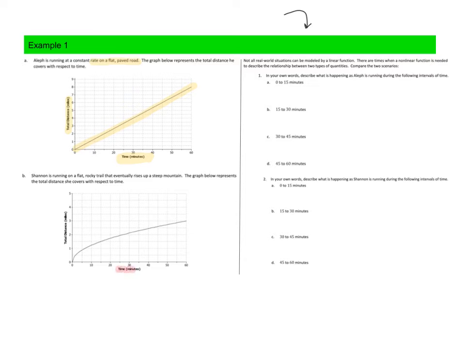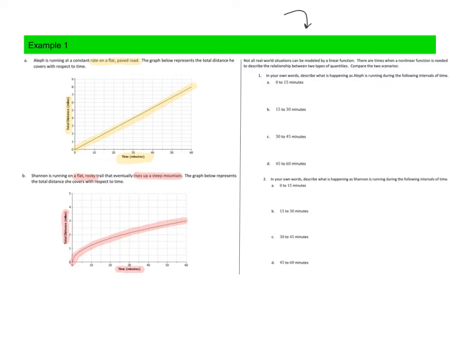So as time passes, this is how her distance increases. She starts off flat, right? She's going pretty fast. But then it's a rocky trail, and eventually it rises up a steep mountain. You can see that she slows down, she covers less distance, and it kind of curves off. And that's because that's what her situation has her doing.